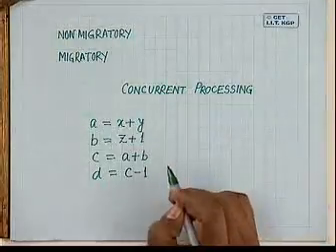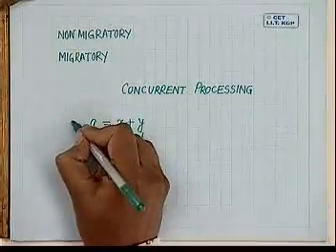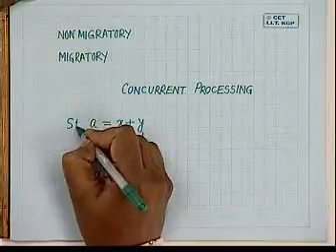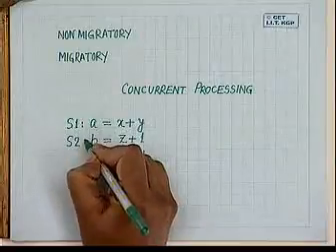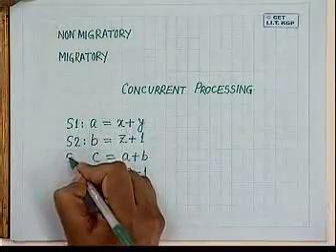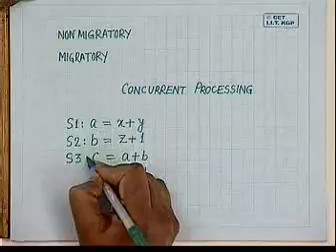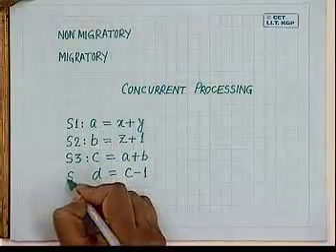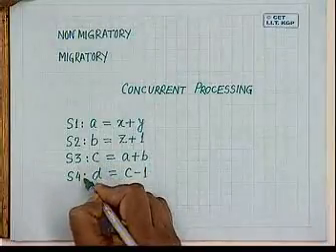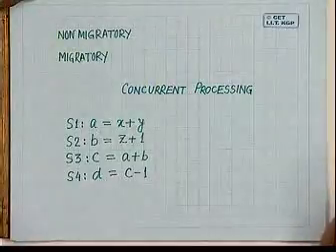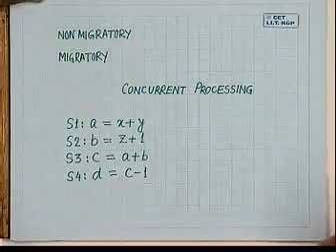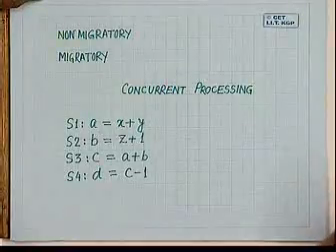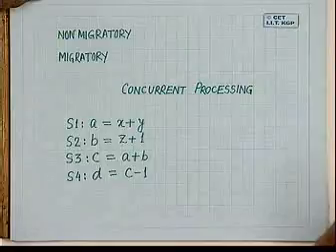So I take these four statements and call them statement number 1, statement number 2, statement number 3, and statement number 4. Suppose these are the statements belonging to a particular task, and we have to find out how many of these statements can be executed concurrently.